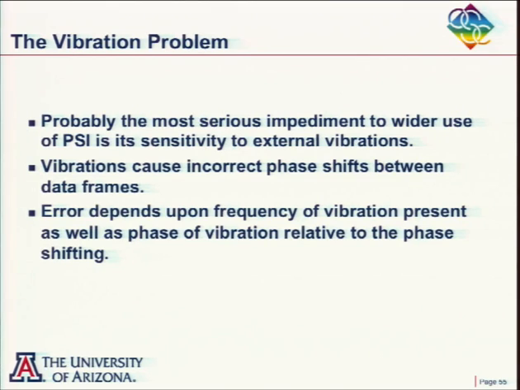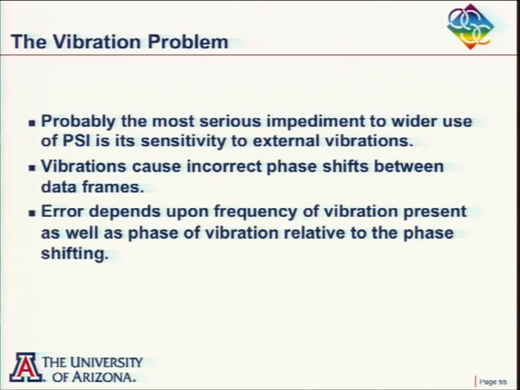And the error that you get depends upon the frequency of the vibration, the phase of the vibration, and I guess I don't say it, but also the amplitude of the vibration. And if you go to the literature, you'll find lots of papers on what happens when you have vibration and phase shifting. And they talk about ways of analyzing it, but it's very, very complex.